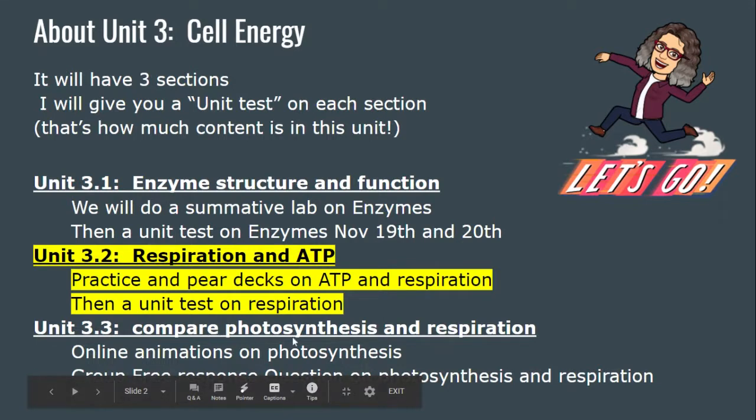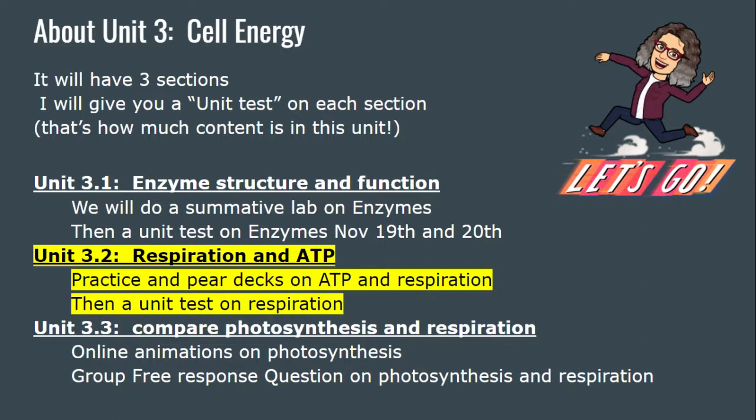It's going to be really self-paced, and then instead of a multiple choice test on that, you're going to get together with a partner and answer a couple of short essay questions comparing photosynthesis and respiration. So it's going to feed from this unit that we're doing right here.